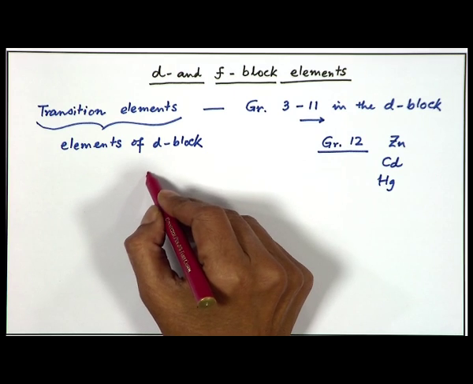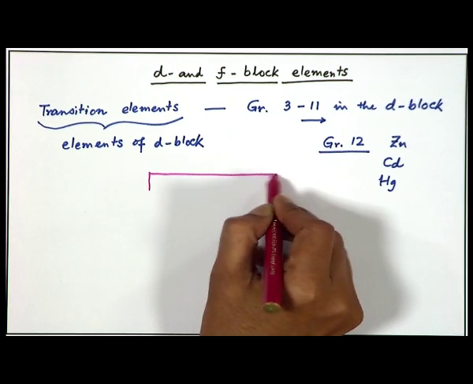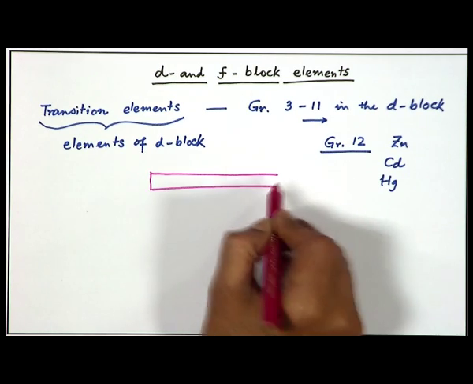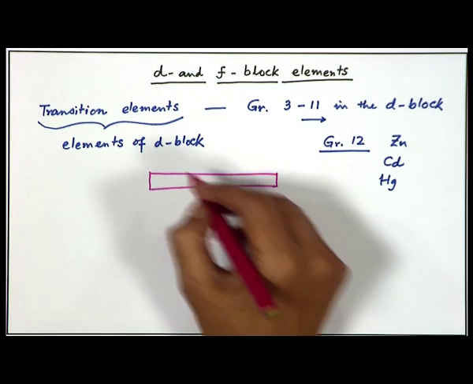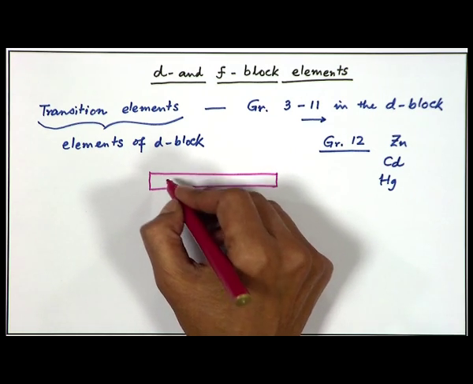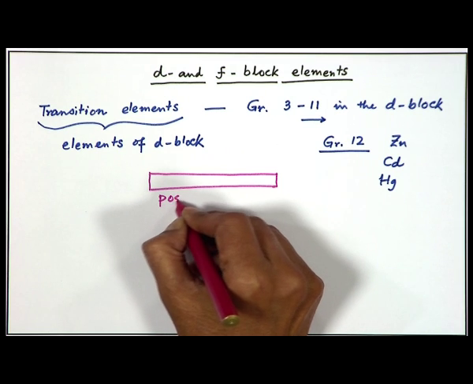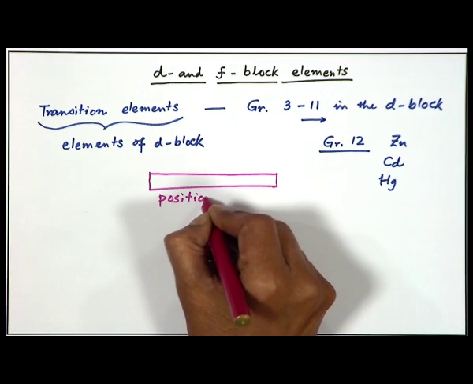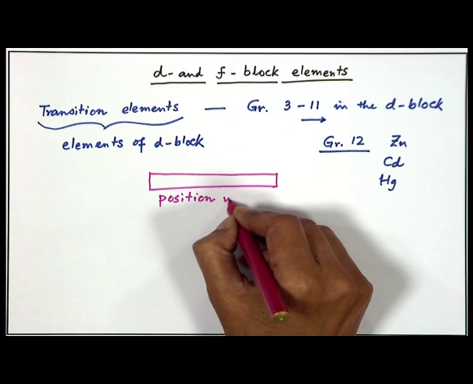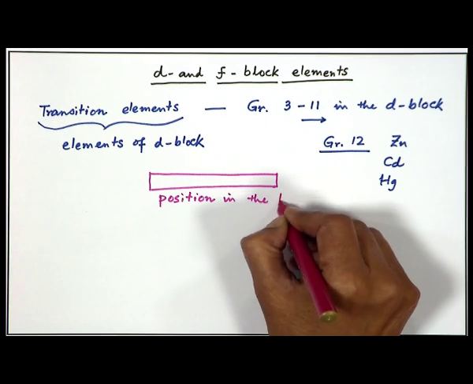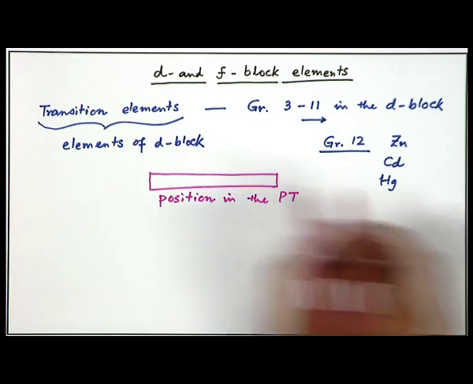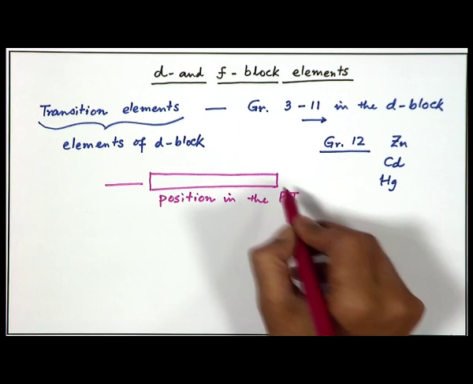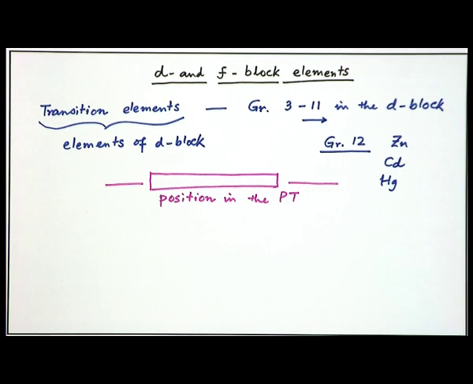Because of their position, in the periodic table they are present in between the S block and the P block elements. So, their position in the periodic table is important. Here we have the S block elements and on the right hand side we have the P block elements.